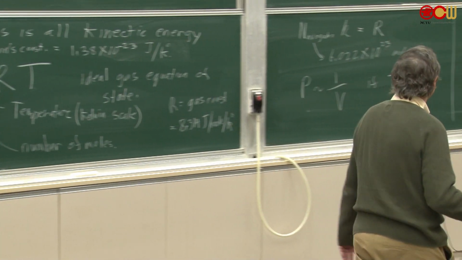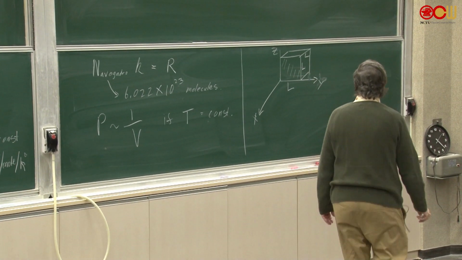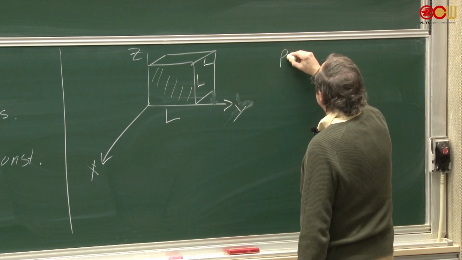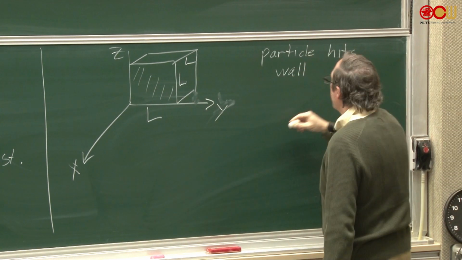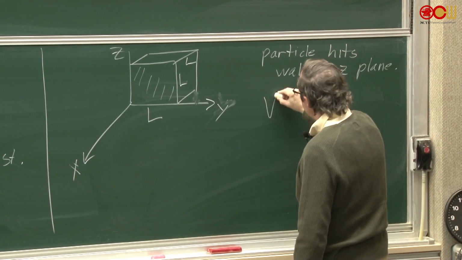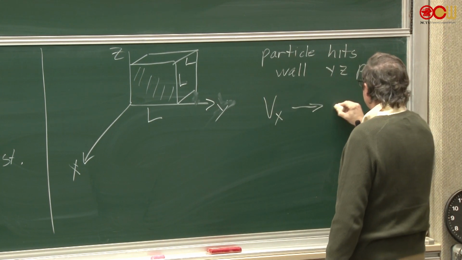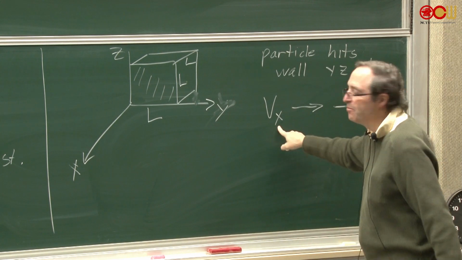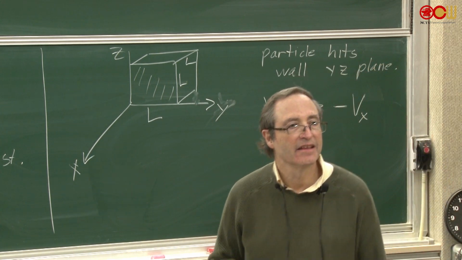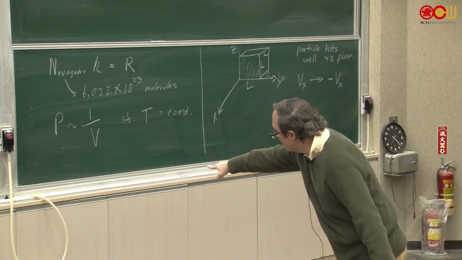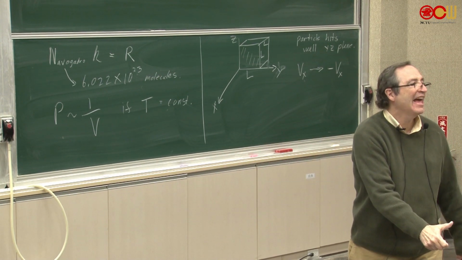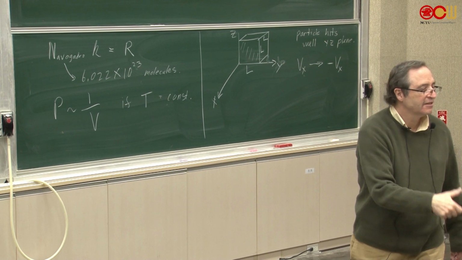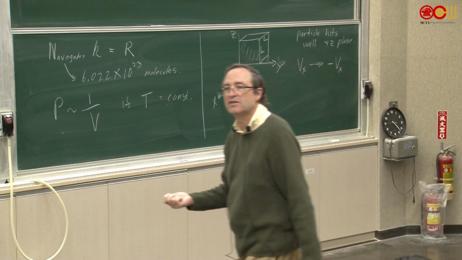So the particle hits the wall, and we'll use the YZ plane. So Vx goes to minus Vx. The x component changes sign. The x component's going that way initially, and it's coming back this way. Elastic collision. Same magnitude, opposite direction.